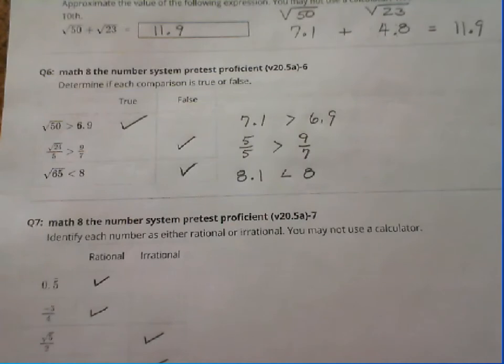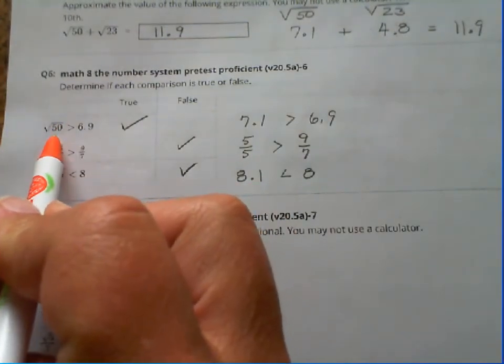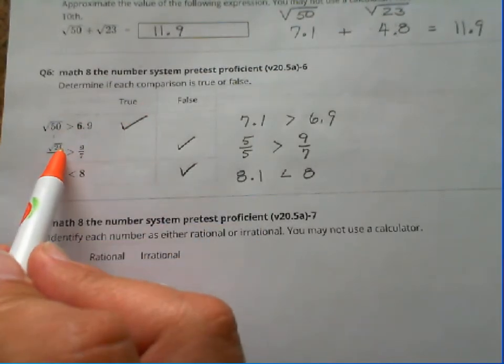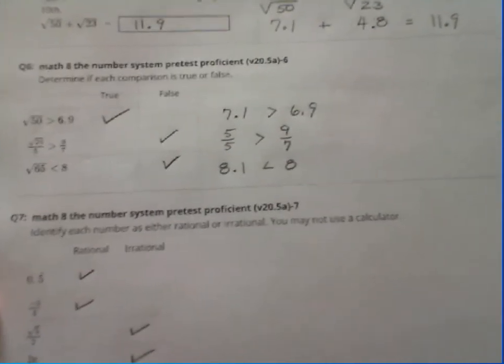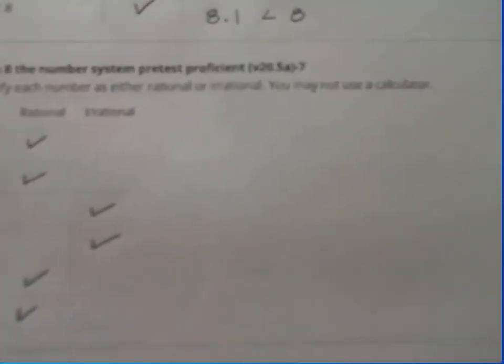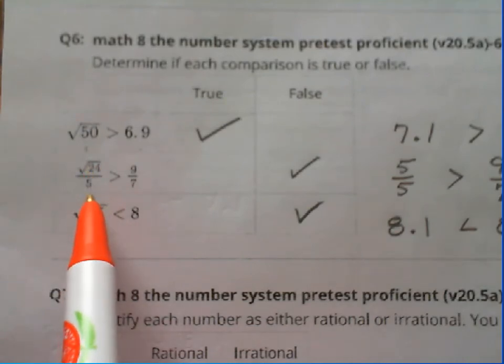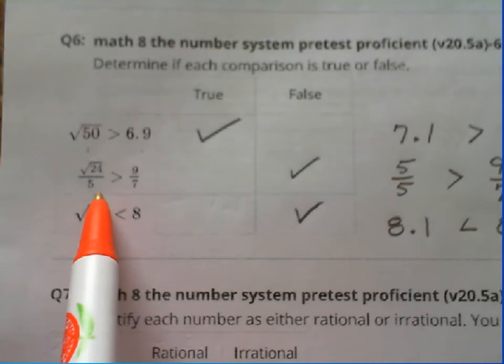Determine if each comparison is true or false. Well, the square root of 50, that's about a 7.1. Is 7.1 greater than 6.9? That's true. The square root of 25, well, that's a little bit less than a 5, right? Let me zoom in a little bit more on that one. So this is actually like a 4.9 divided by a 5, which is about a 1.